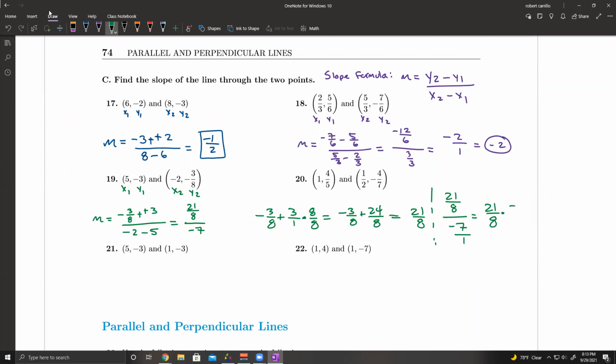Reciprocate and you get negative 1 over 7. And we see that these can cross cancel. That 7 becomes a 1. That 21 becomes a 3. And we get left with negative 3/8. So that's our final answer here. Negative 3/8.